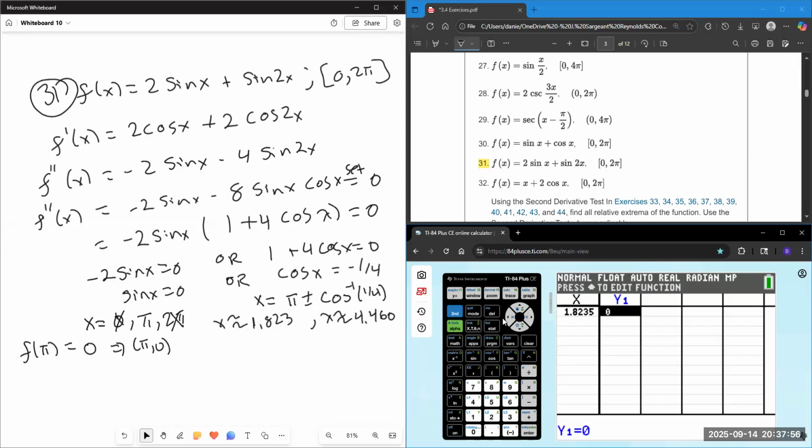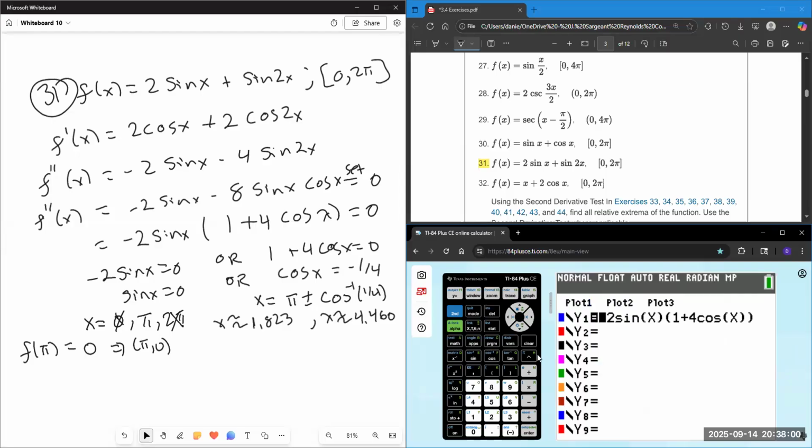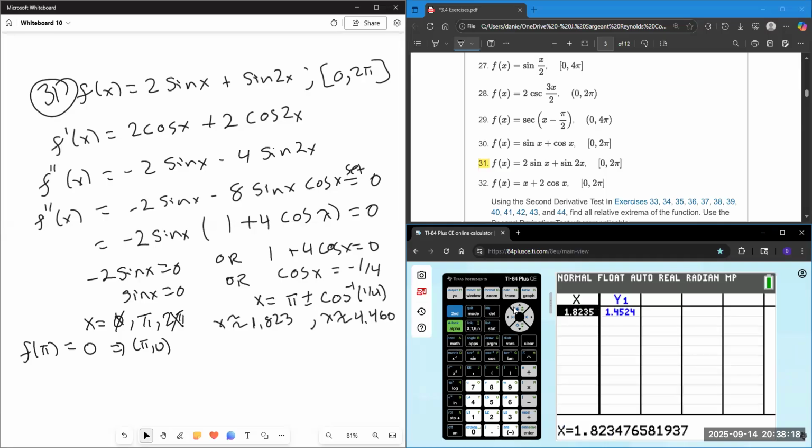I'm sorry, I didn't want that function, I wanted this one, 2 sine x plus sine of 2x, because I want the y value. I already knew that f of pi equaled 0.